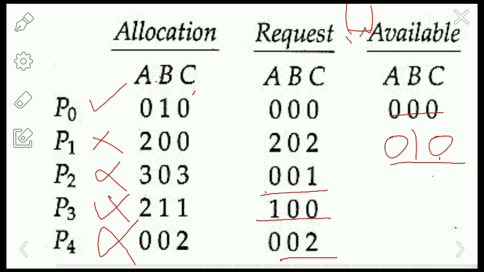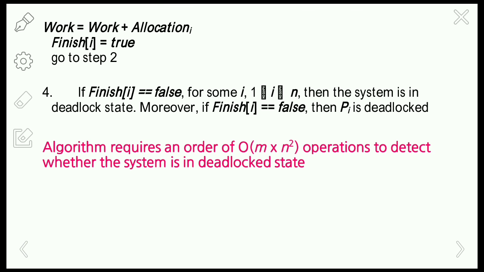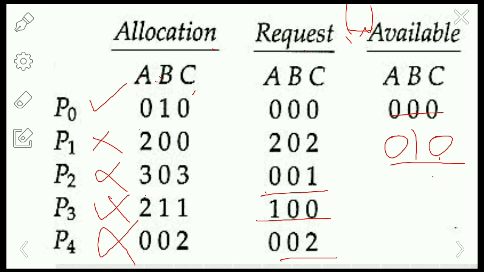Here finish of i equals false for the remaining processes, so the system is in a deadlock state. Only P0 is working successfully and the remaining processes are not executing successfully. That is why this given table is in a deadlock state.